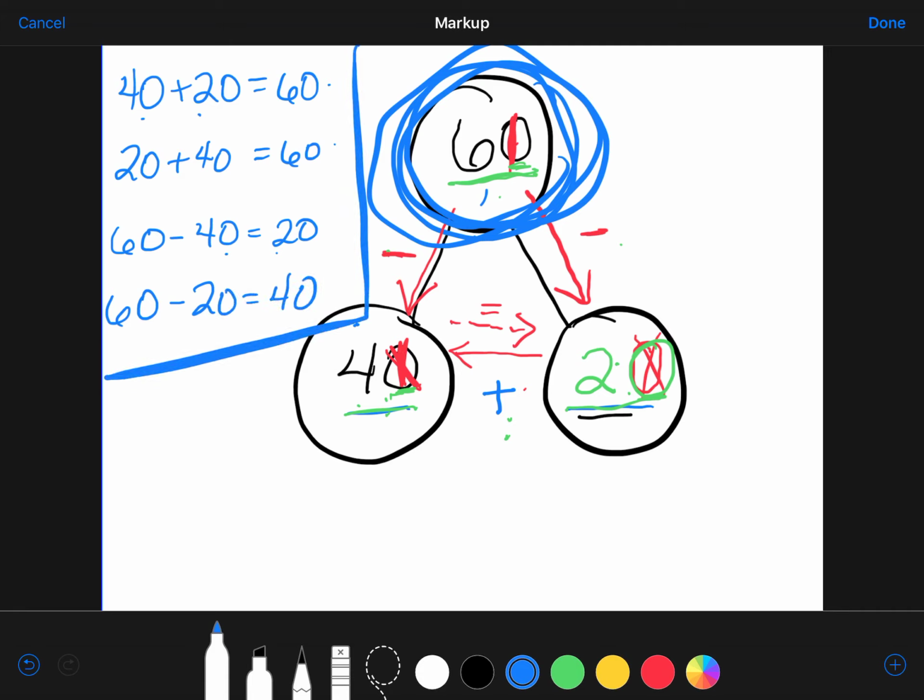These are the 4 problems that I can make with my 3 numbers every single time. So it always has the same number at the end of the adding, right? Because we're adding to get the biggest part. And then it always has the same number at the beginning of subtraction because we need to start with the biggest number to subtract. And that's what we have to remember. If we're subtracting, we start with the biggest number.